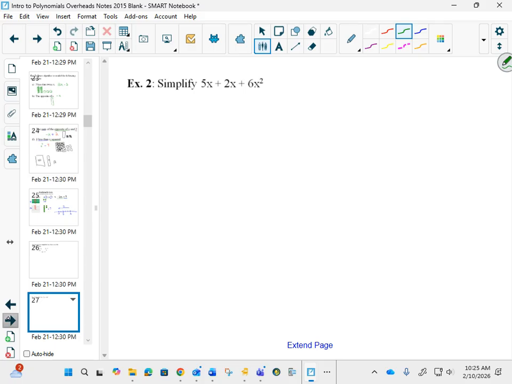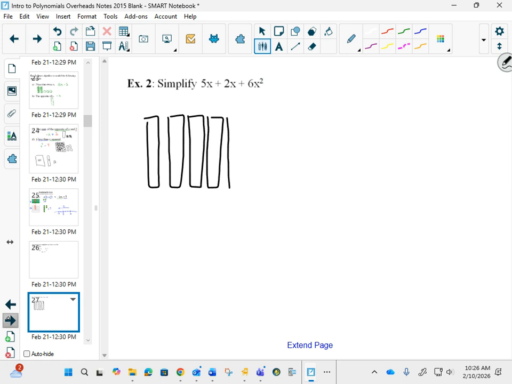5x's. So first of all, x's are rectangles. Do I shade these in for a 5x? Yeah. Okay. Those are 5x's.